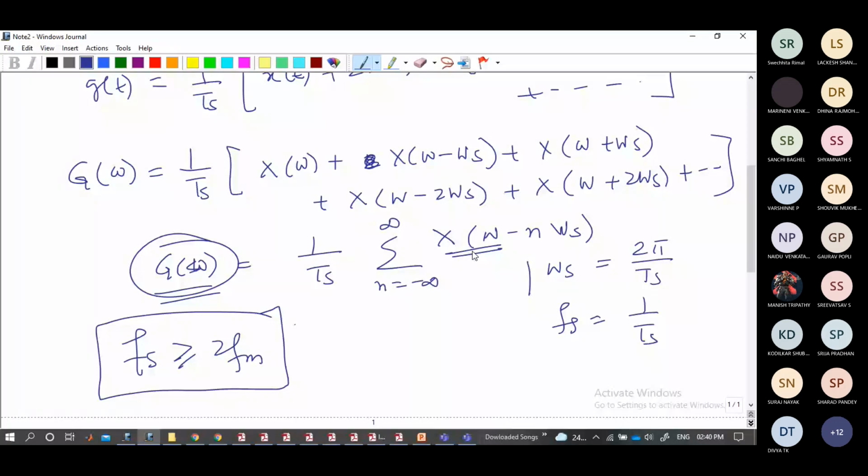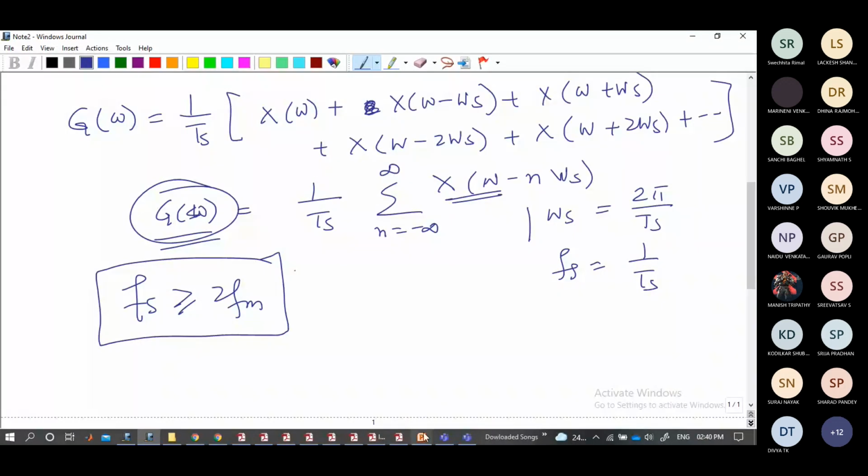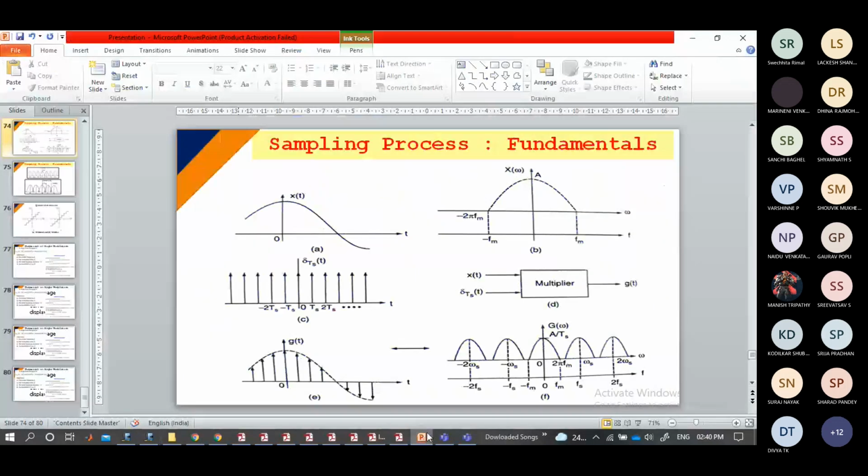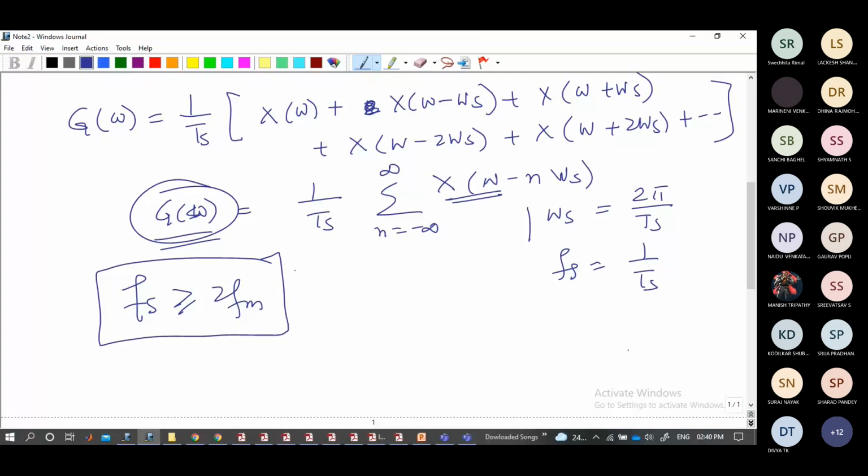All right. So that is basically the mathematical model of the same. In that aspect, if I go back to this point, or maybe I'll just write it down over here itself. You can observe here that fs equal to twice fm is the minimum condition.